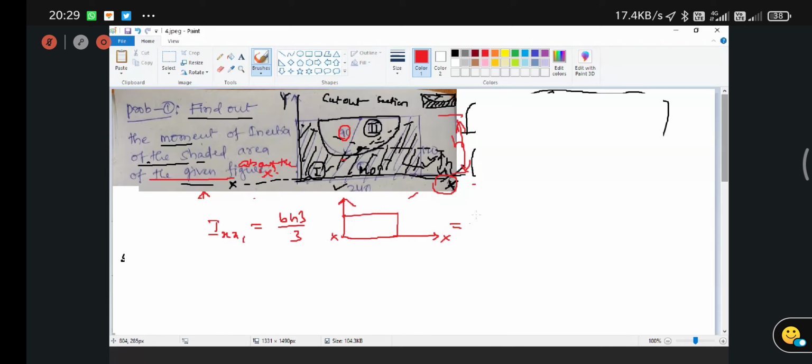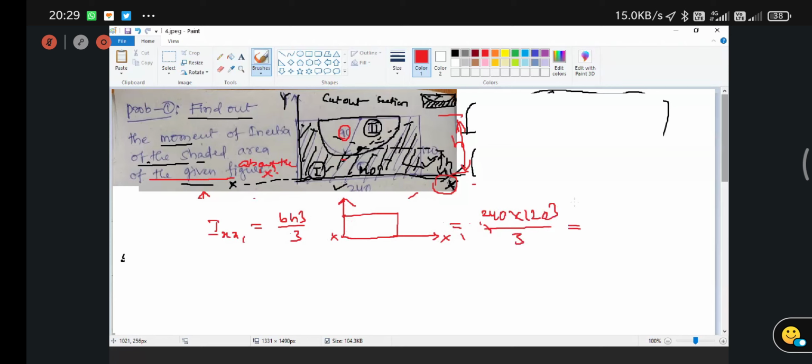So BH cube by 3, that value: base is how much? It is 240, and H is 120, whole cube, divided by 3.